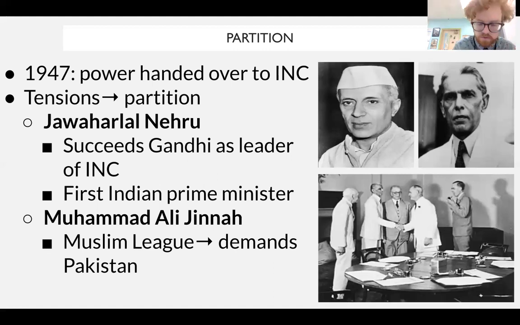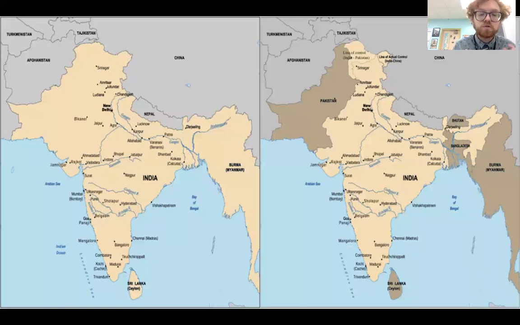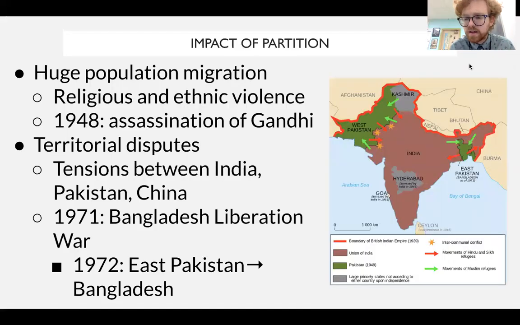Jinnah is going to be the first independent leader of Pakistan, as we'll see. So we're seeing this partition of India into two different countries, into India and Pakistan. And at this point, India kind of looks like this. We have West Pakistan and East Pakistan, both places governed by the same government, majority Muslims.